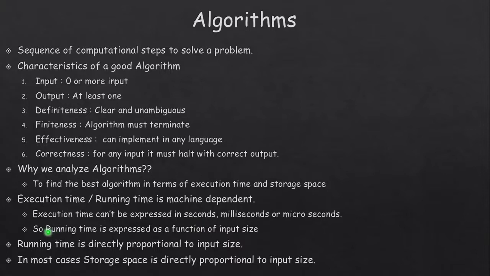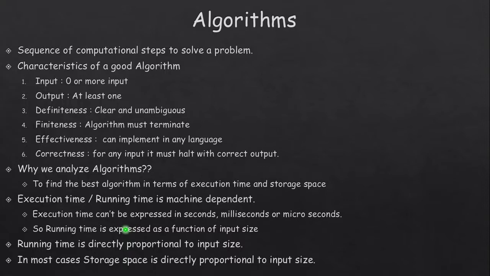So running time is expressed as a function of input size. What's the meaning? If the size of the input increases, definitely the running time also increases. For example, if I want to print hello world 10 times, it will take a particular time. If I want to print hello world 100 times, definitely it will take more time than the earlier one.